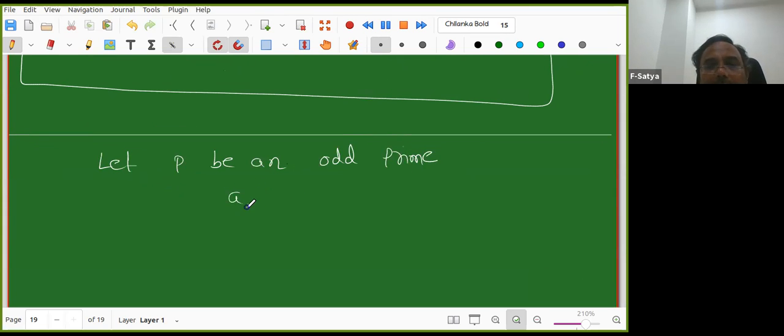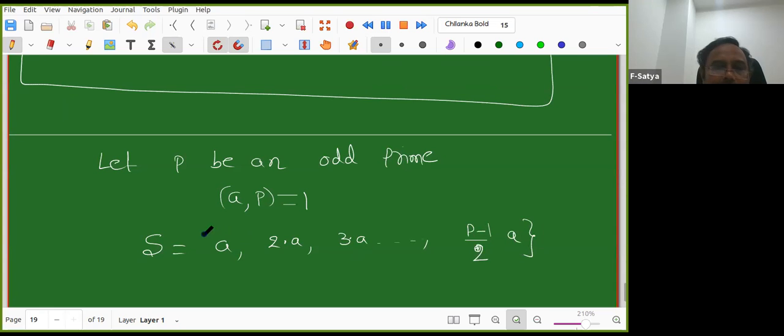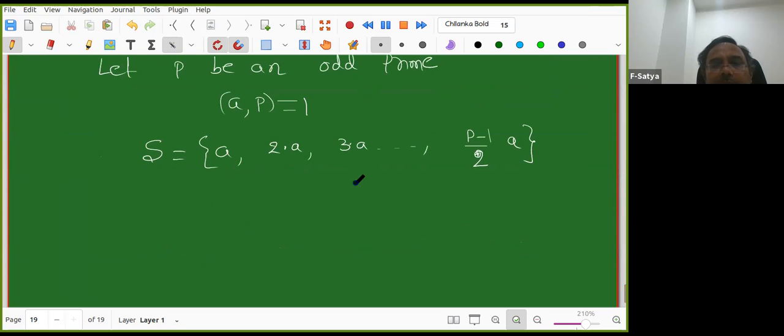And a, p have GCD 1. Then I am taking the set S: a, 2 into a, 3 into a, and so on up to (p minus 1) by 2 into a. Now, y belongs to S means what?